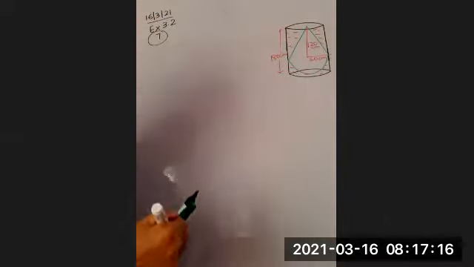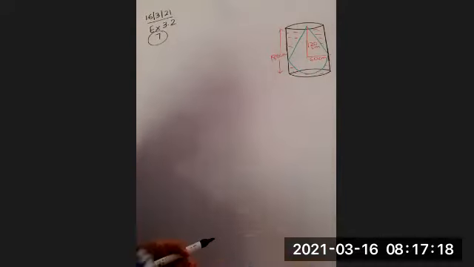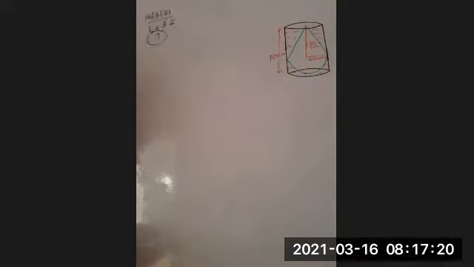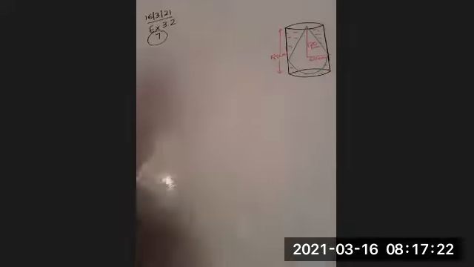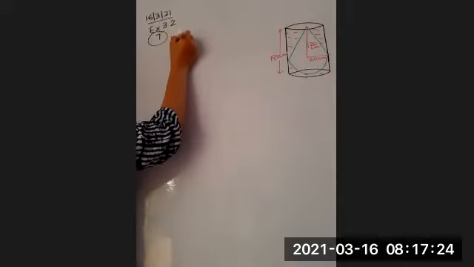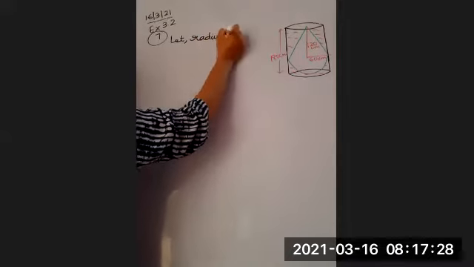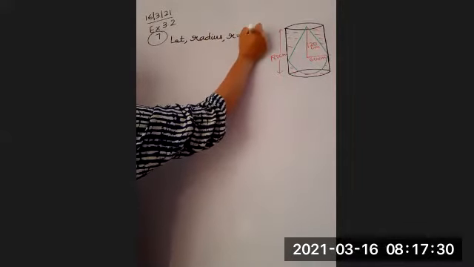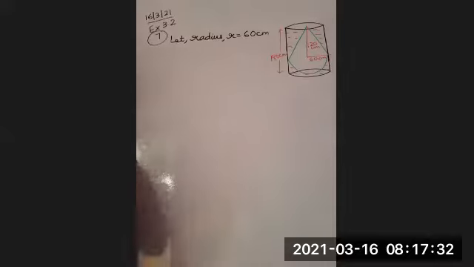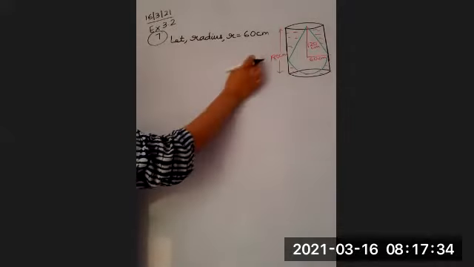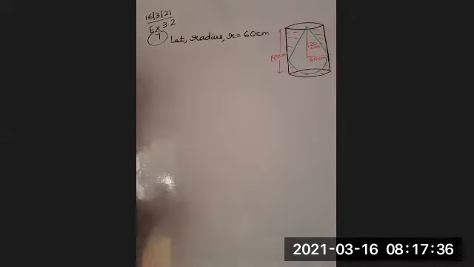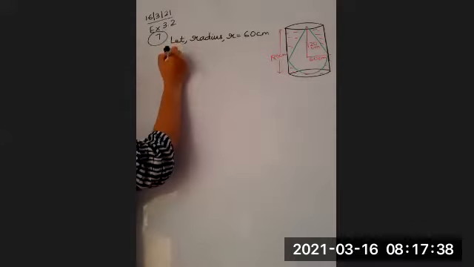Okay. So let me just write down. Let radius R be equal to 60 centimeter. We have two heights. One is the height of cylinder and one the height of cone. So we need to specify.